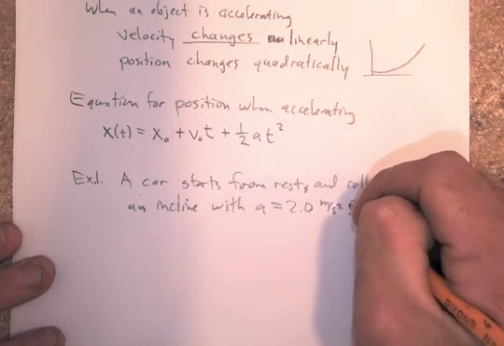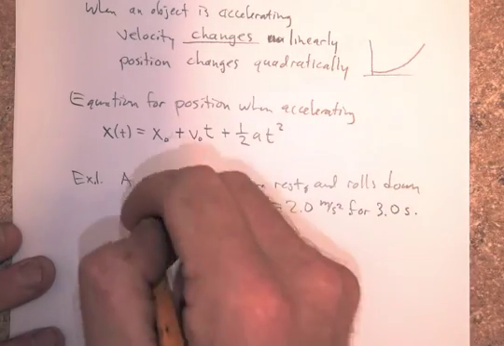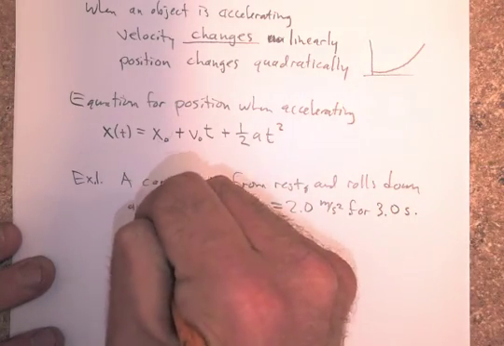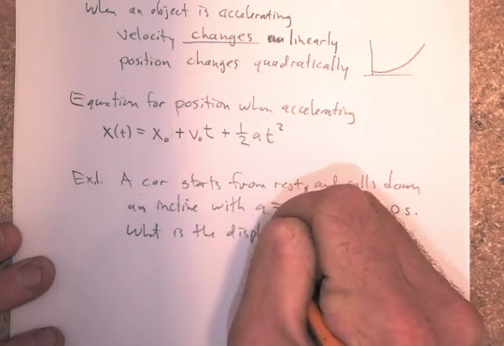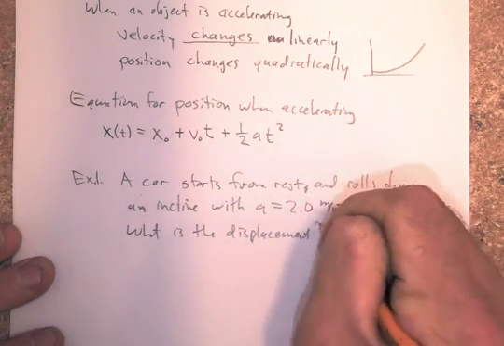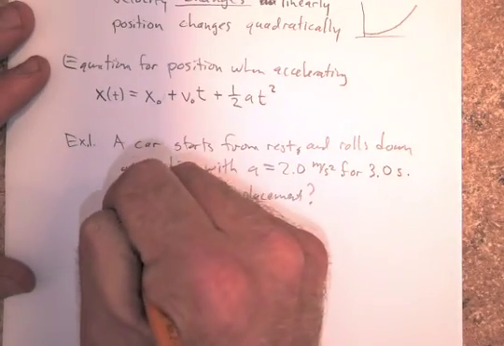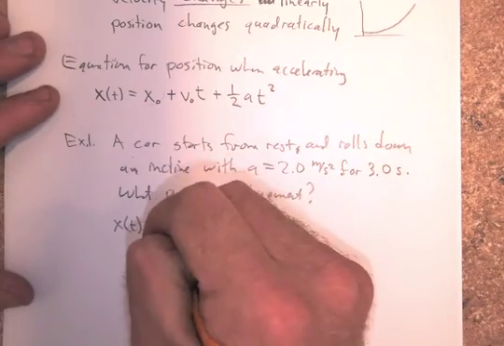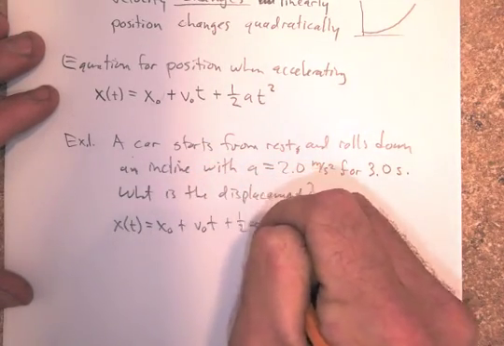Okay, for 3 seconds, actually 3.0 seconds. We want to know what's the displacement? How far did it go? Okay, let's just use that formula. Find the position at a certain time. x0 plus v0t plus 1/2 at squared.